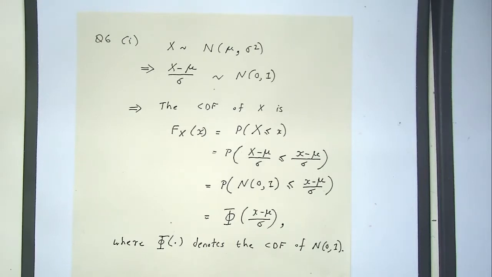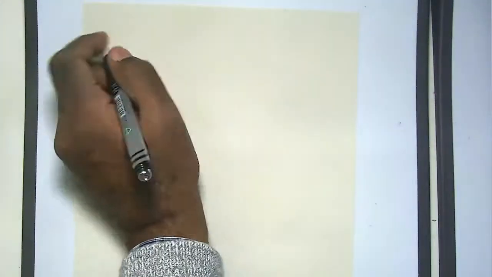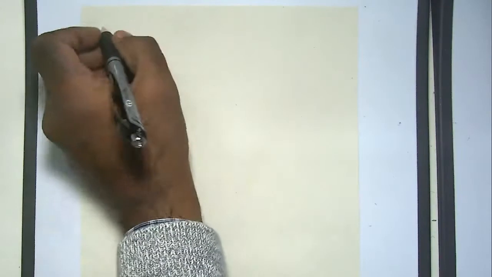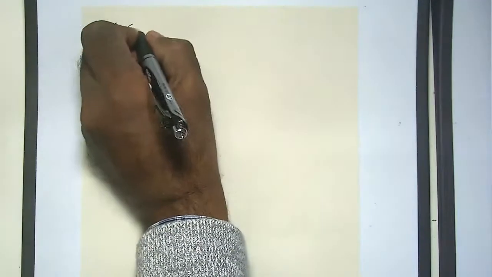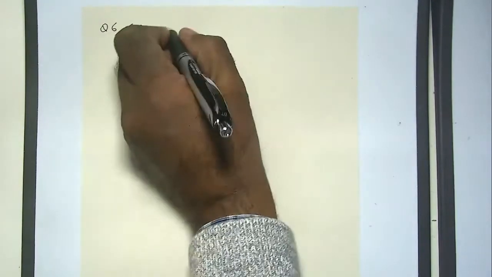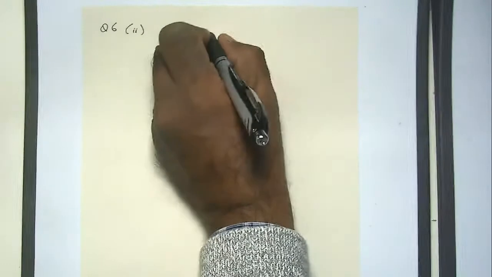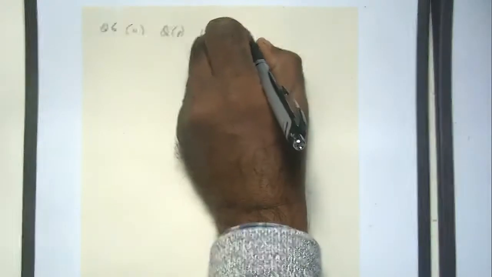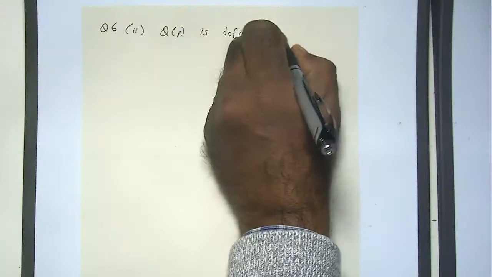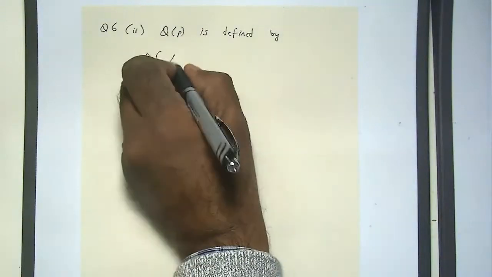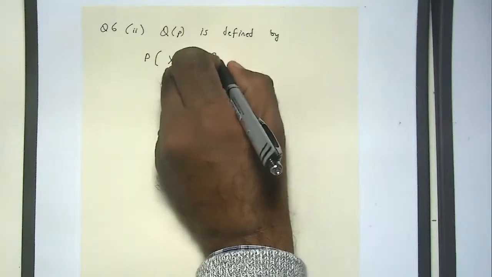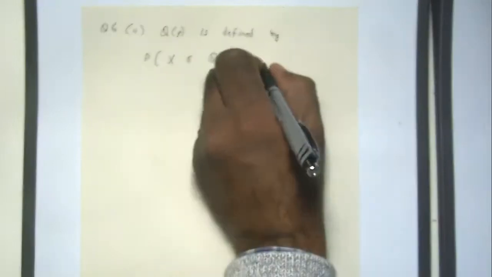All right. Part 2 of the same question is asking you to find the quantile function. So let me take this away. This is question 6, part 2. Now, the quantile function at p is defined by this following relation, that the probability x is less than or equal to Q_p is equal to p.